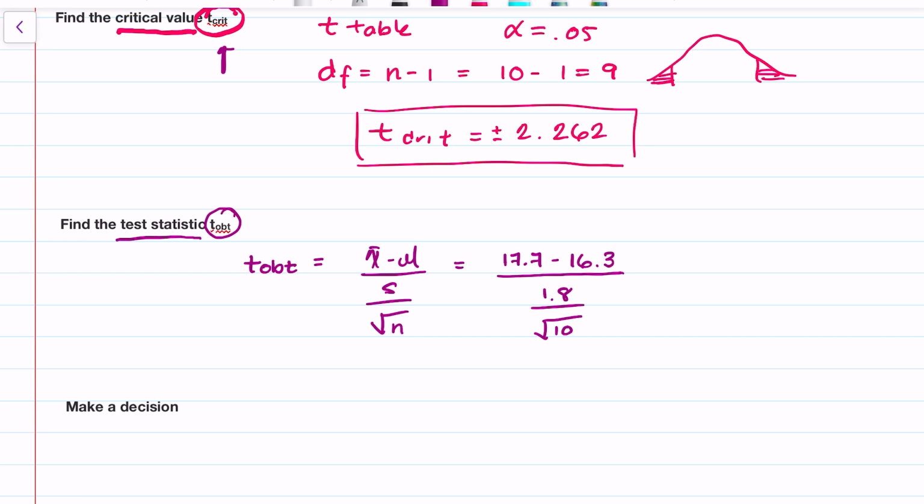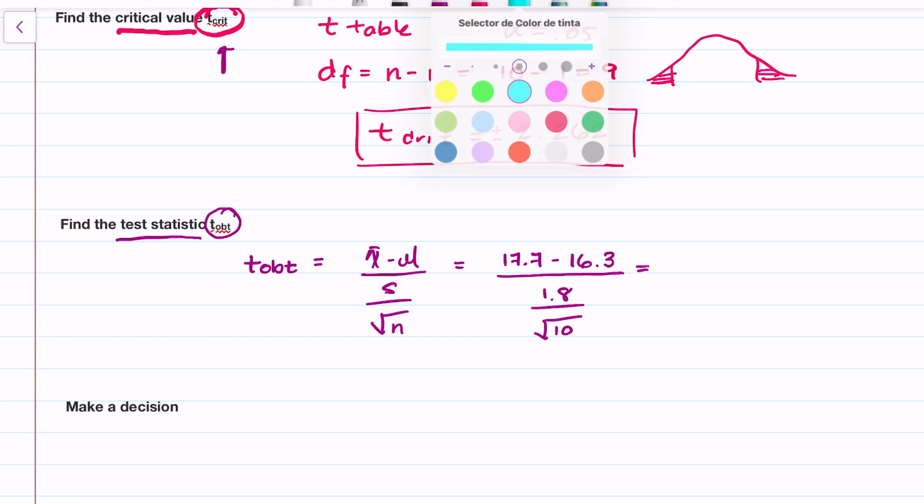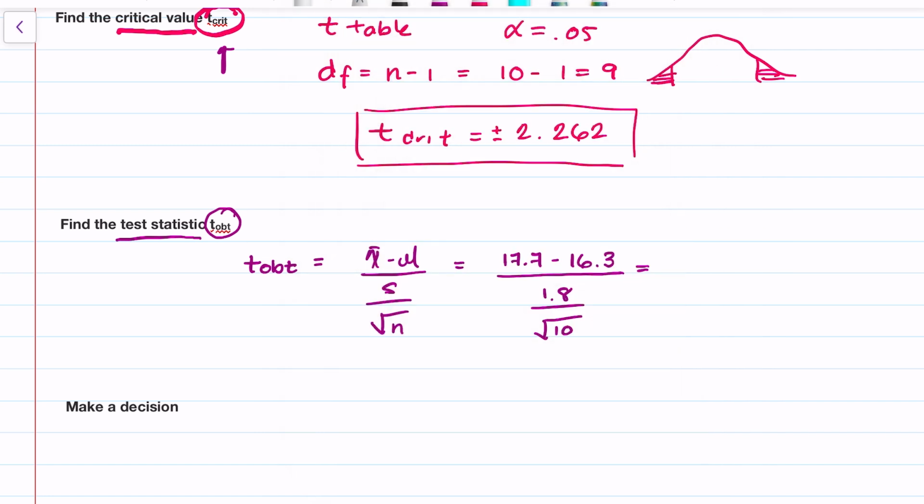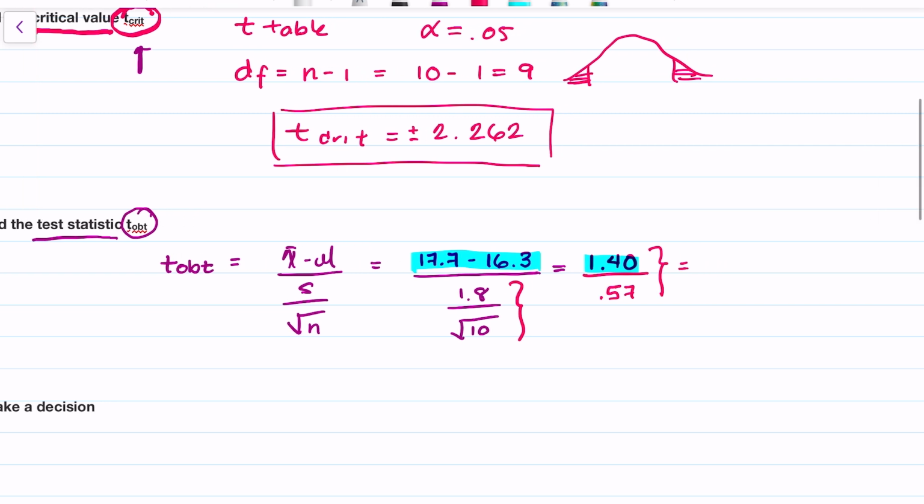When I do the top part here, I got 1.40. When I do the denominator here, I got 0.57. And then finally, I do this division, and that's going to be 2.46. That is my T obtained.